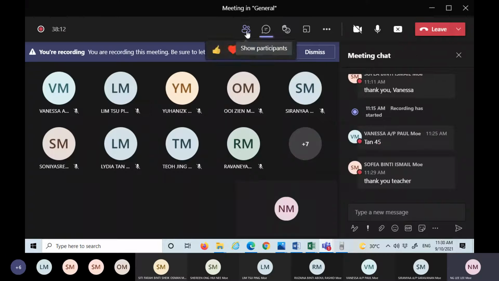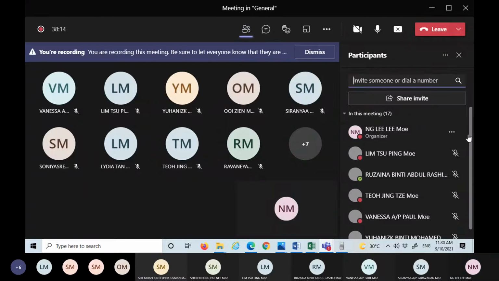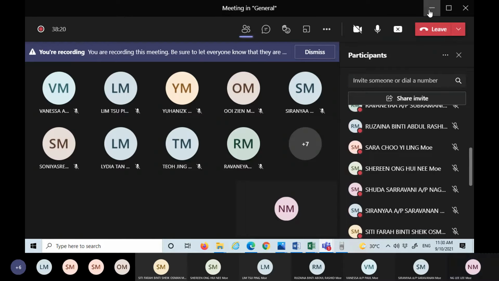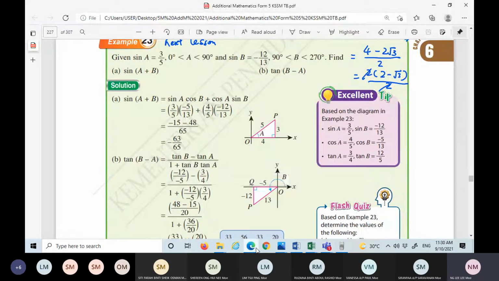Rosanna here already. Sarah here already. Both of them also here already. This is complicated. So I try to explain to you.